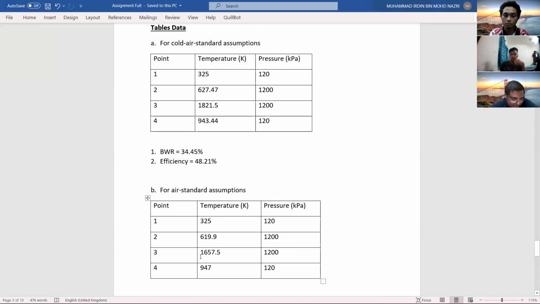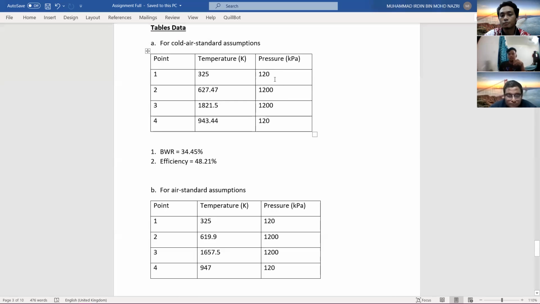For point three, the temperature is 1657.5 Kelvin, and the pressure is the same as point two, 1200 kilopascal. For point four, the temperature is 947 Kelvin and the pressure is 120 kilopascal, the same as point one.